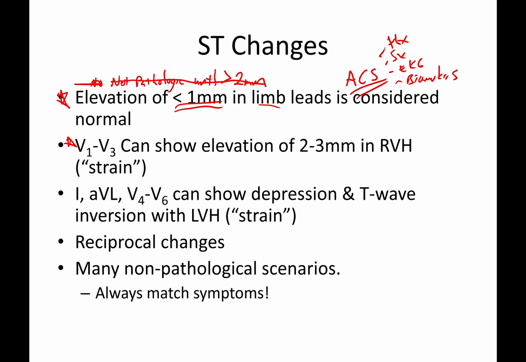Other interesting things that can happen though, and I'm going to dig into this a little bit, which is known as strain. Strain is the old term. Hypertrophy is the newer way of phrasing it. And we touched on it a little bit when we were going over the hypertrophy stuff earlier and how to evaluate that.